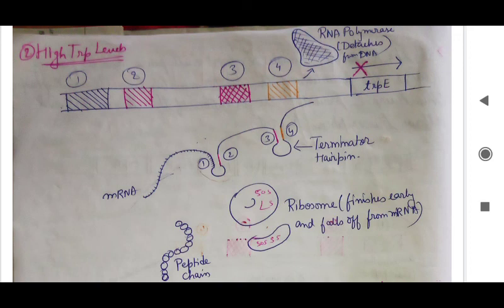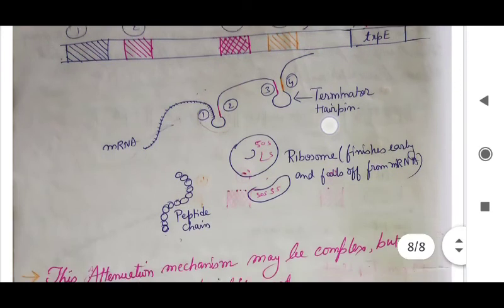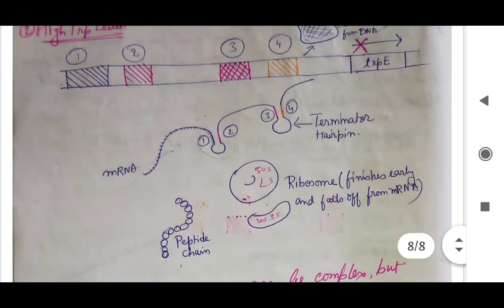This acts as a signal for the attenuator, so that it can form a terminator hairpin, and thus by formation of the terminator hairpin, it prevents the RNA polymerase from transcribing further. Thus it will prevent the transcription of the trpE and the associated genes. In this way, this attenuator is regulating the trp operon.